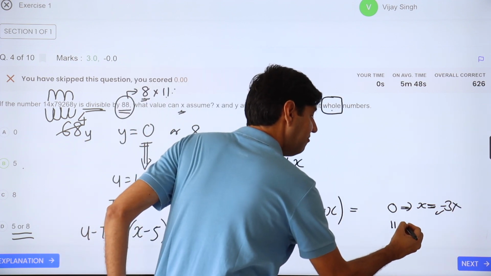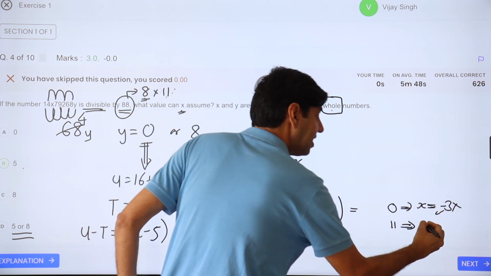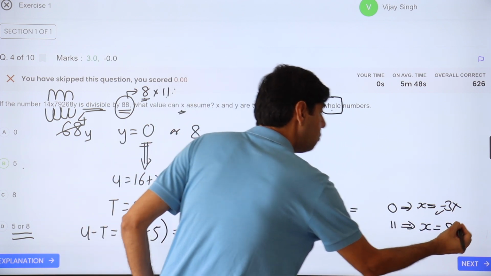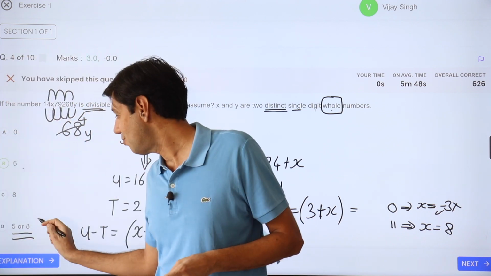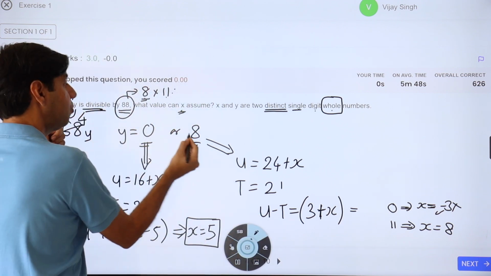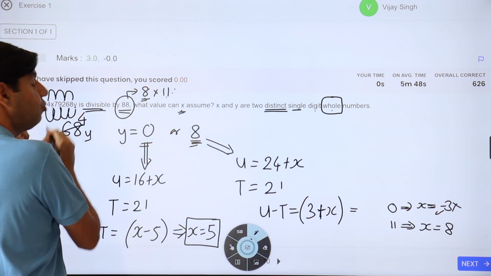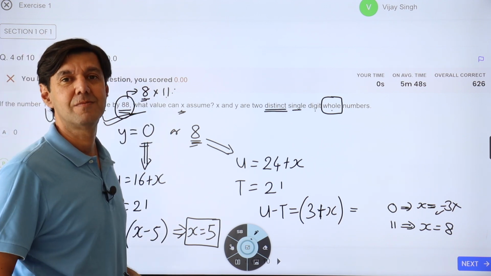This could even be 11. And if this is 11, 8 plus 3, x could be 8 also. So you put x is equal to 8. You put x is equal to 8, put y is equal to 8, and you will find that this number is divisible by 88.